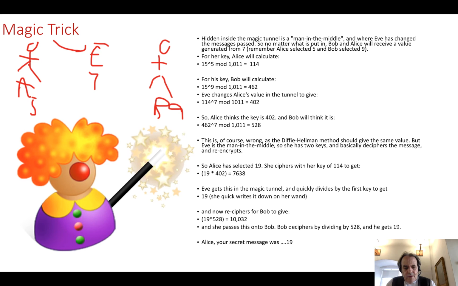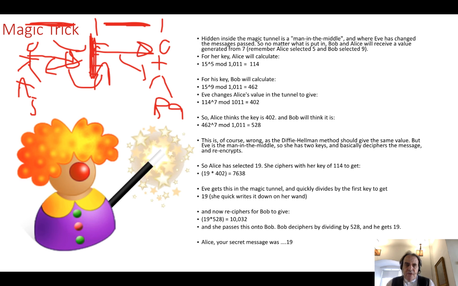No matter what is sent here, Eve will send back g to the power of 7 mod p. And over here, Eve will also send back g to the power of 7 mod p. So she's negotiating a key between herself and Bob, and a key between herself and Alice. In that way she can take the message, and since she's got the key here, she can decrypt the message and then send it on to Bob.